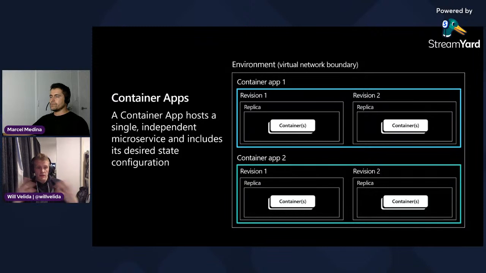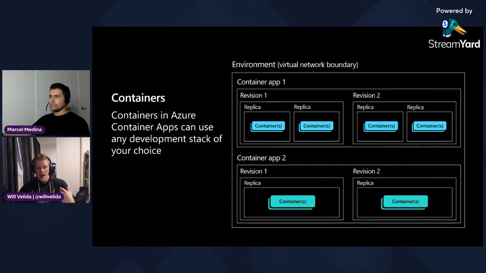Now, within the environment are the container apps themselves. A single container app will host a single service that includes the desired state configuration. And like I mentioned before, it's a single independent microservice that gets deployed within your container app environment. And Azure Container Apps itself will manage the details of Kubernetes and container orchestration for you.